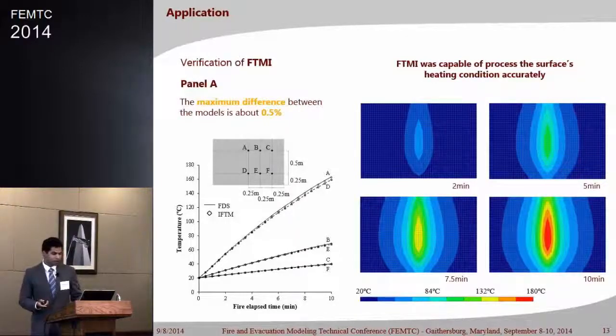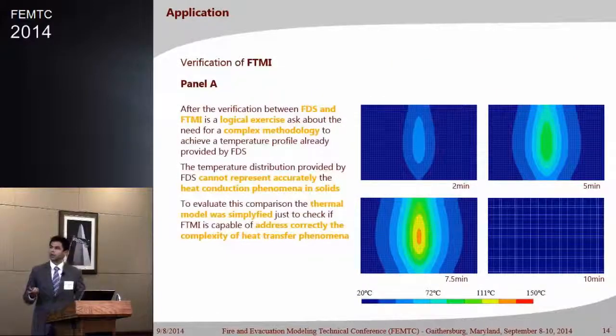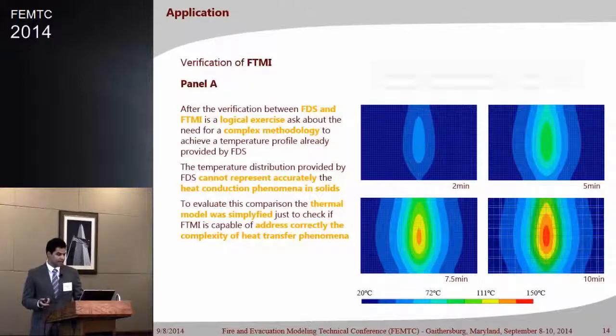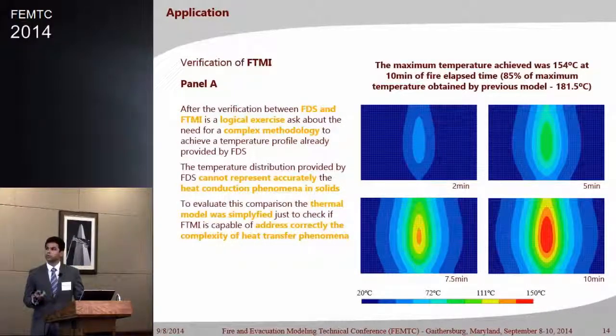After that, someone can make a logical exercise and ask about the need for a complex methodology like that to achieve the same temperature profile already provided by FTS. But we need to keep in mind that we needed to adapt our thermal model to have the same condition of the FTS. In this steel panel, using a three-dimensional thermal model, we can see that we have a lot of heat spreading on the panel surface.